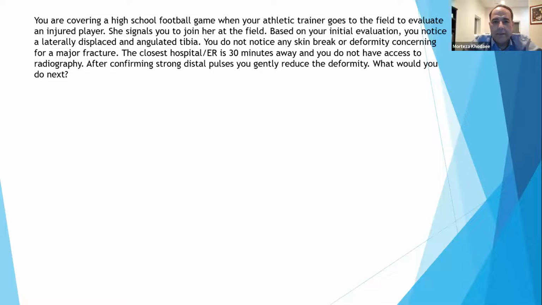Okay, that is great. I don't think calling 911 is a wrong answer, but if the pulses are strong after you reduce it, I don't think it's so urgent that minutes matter in sending this patient to the ER. Yes, absolutely, the patient needs to go to the ER because you're concerned about neurovascular damage, specifically popliteal artery damage.